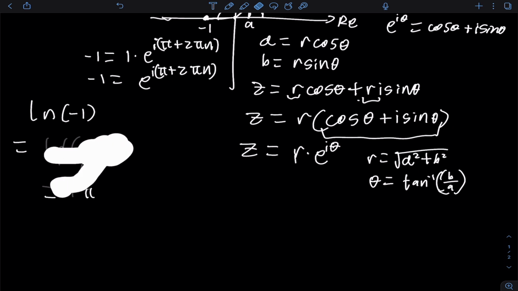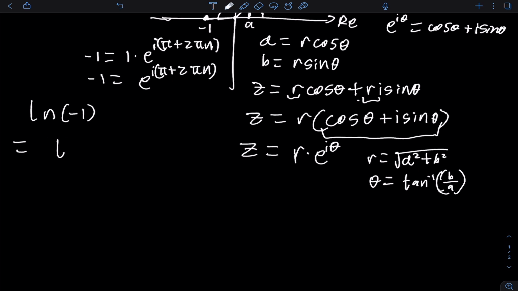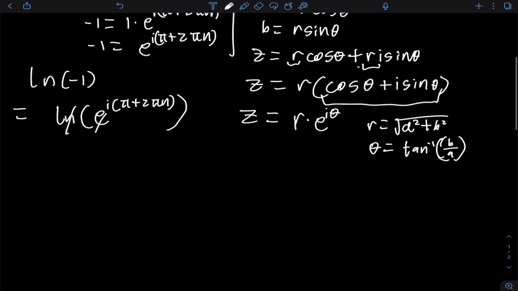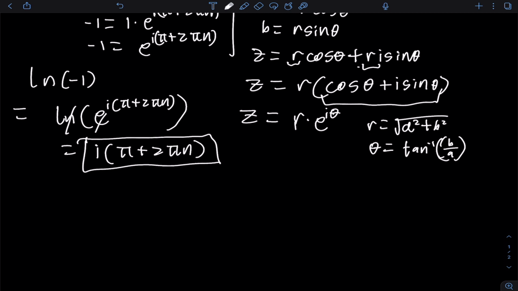When we take the natural log of negative 1, we're now taking the natural log of e to the i times pi plus 2 pi n. And here, the natural log and the e still cancel out, and we're just left with i times pi plus 2 pi n. And this is the final answer that we see for the natural log of negative 1.